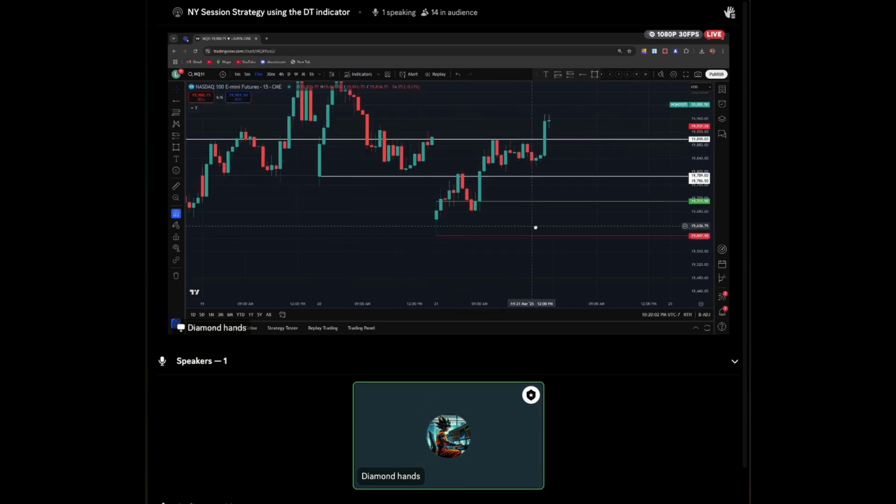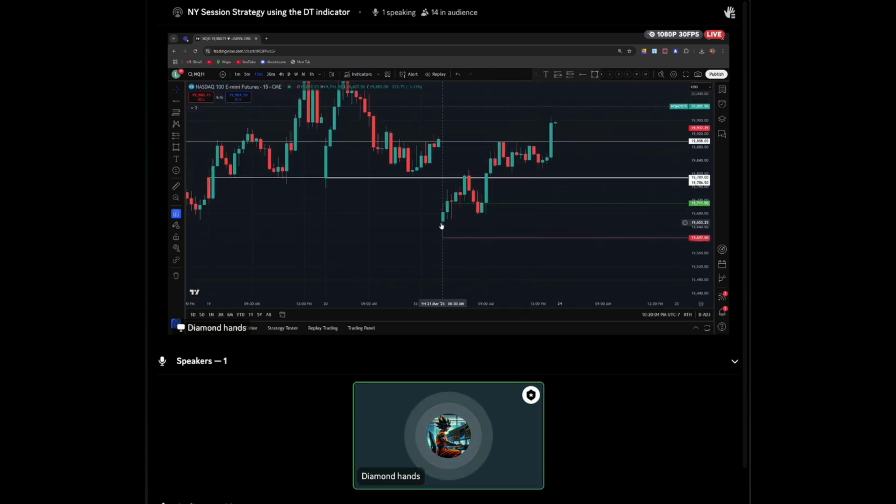All right, here's another example. We got our first 15-minute candle. We got our high. We got our low. So basically, we're gonna wait for this retest and take our TP.